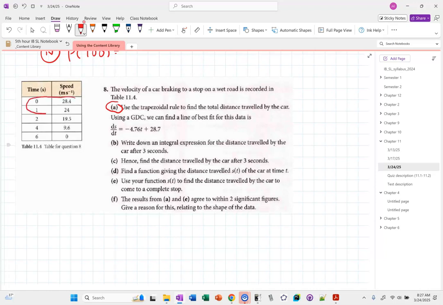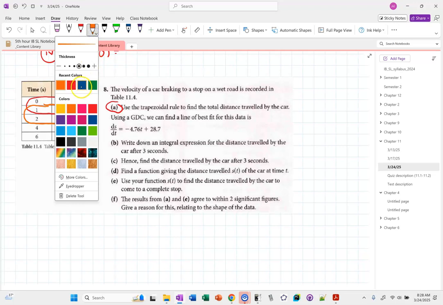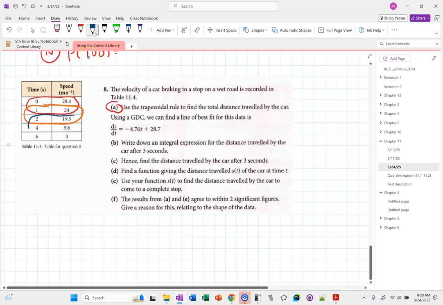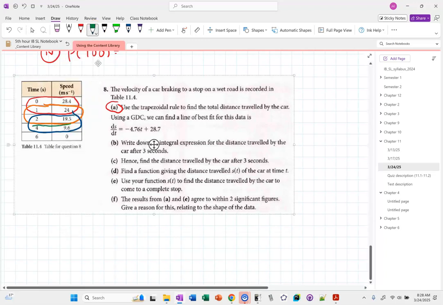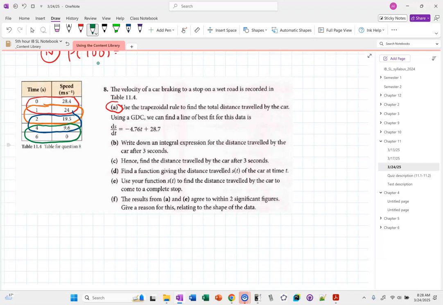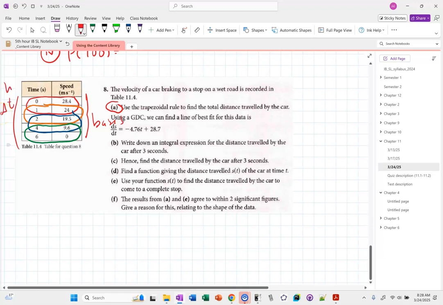So I'm going to form one trapezoid with that part of my table, another trapezoid from that part, another trapezoid from that part, and my final trapezoid from that part. Everybody okay with that setup? So these numbers are going to be my bases, and my delta t is going to be my heights.